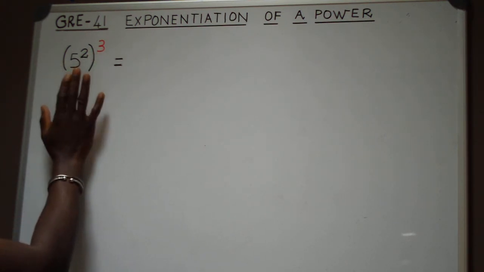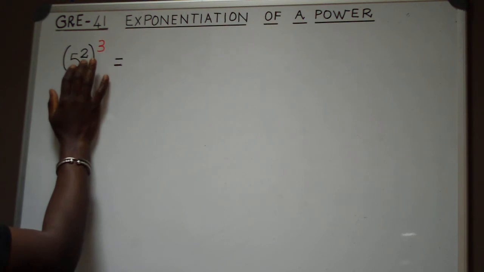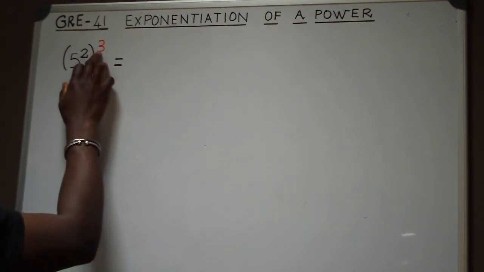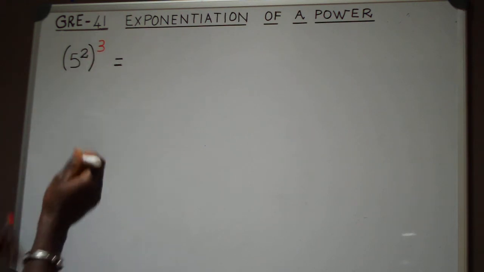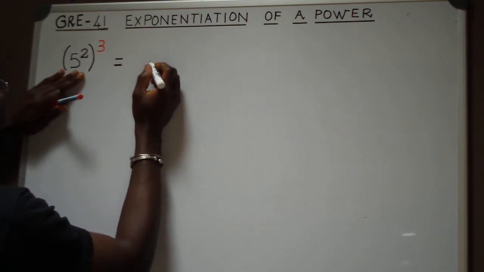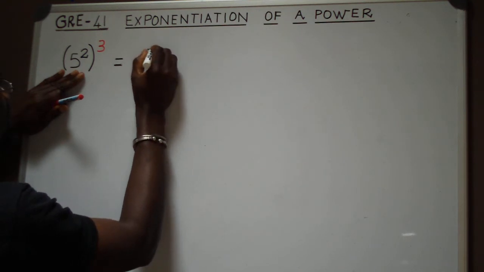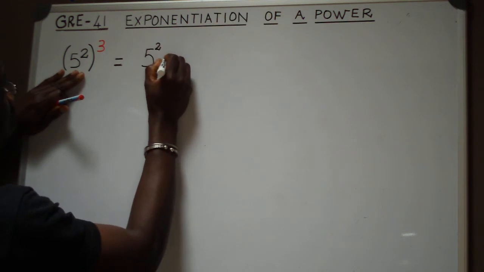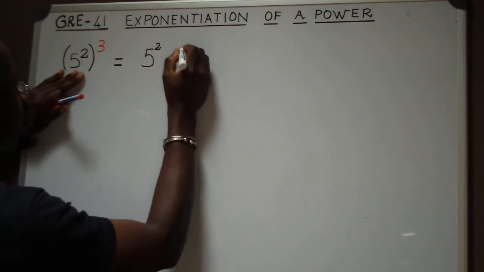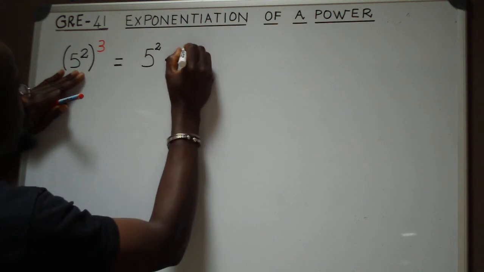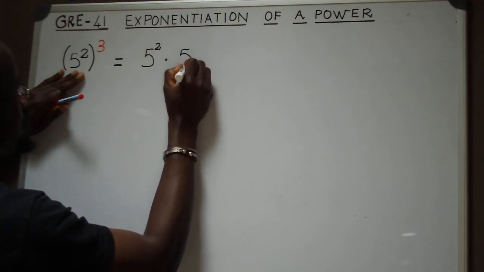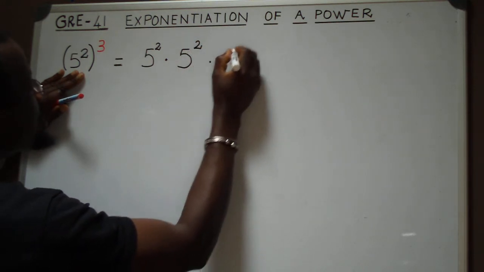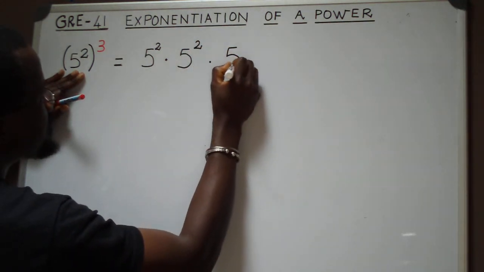So here, 5 raised to the exponent 2 is being exponentiated by the number 3. Therefore, this means the repeated multiplication of 5 raised to the exponent 2 until we get 3 factors of it. So this is equal to 5 raised to the exponent 2 multiplied by 5 raised to the exponent 2 multiplied by 5 raised to the exponent 2.